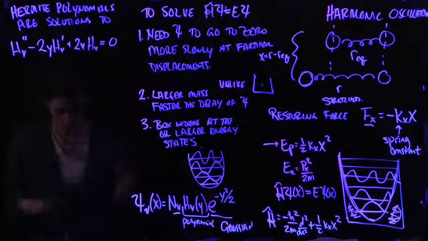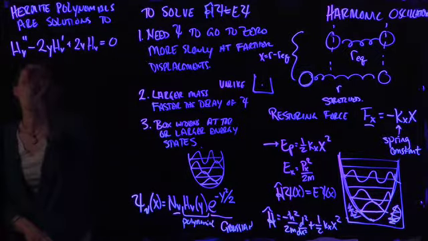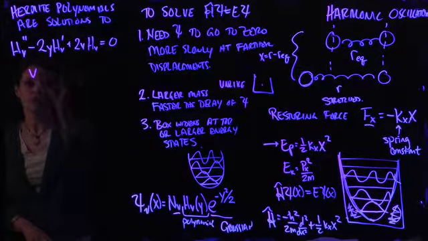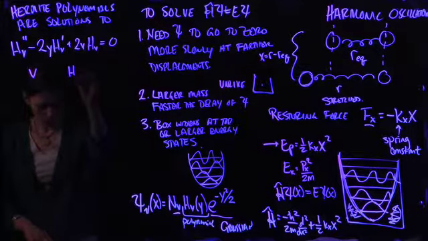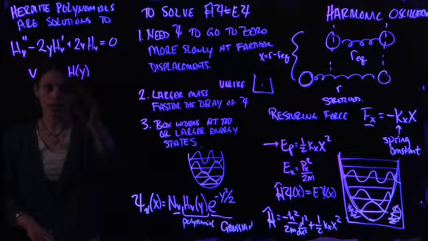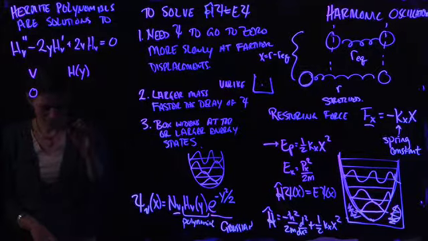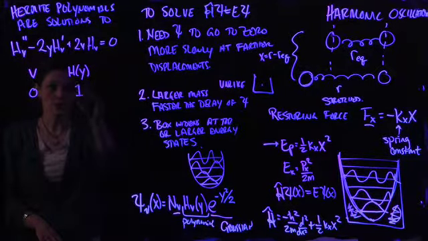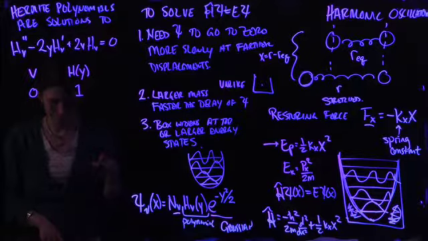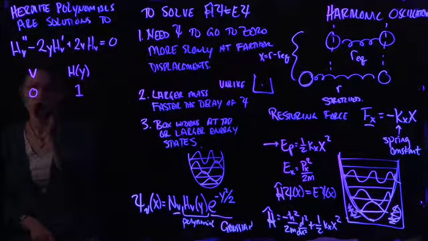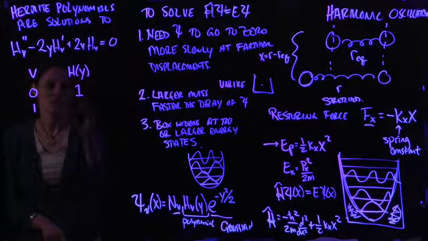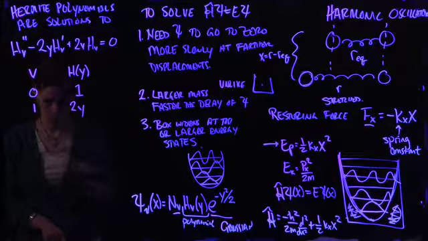Look at Table 8.1. It says, when v equals any sort of integer, H(y) equals something. So when v equals 0, this whole function equals 1. If v equals 1, H(y) equals 2y.